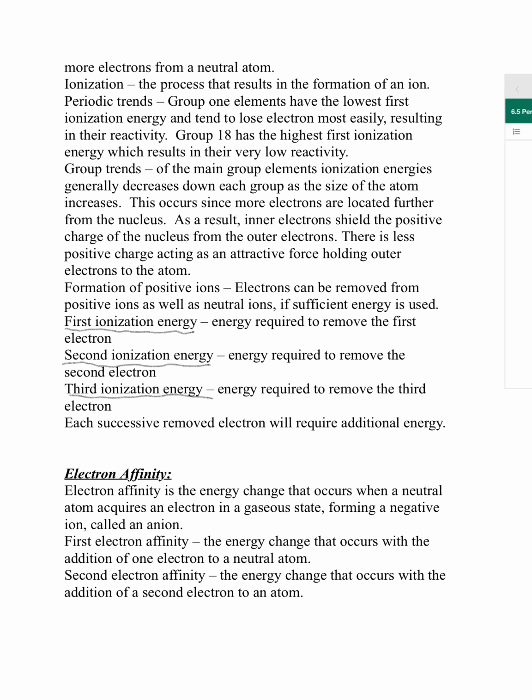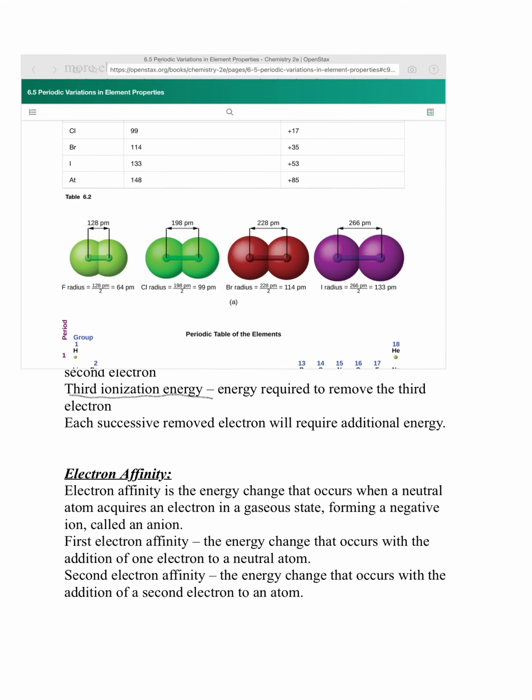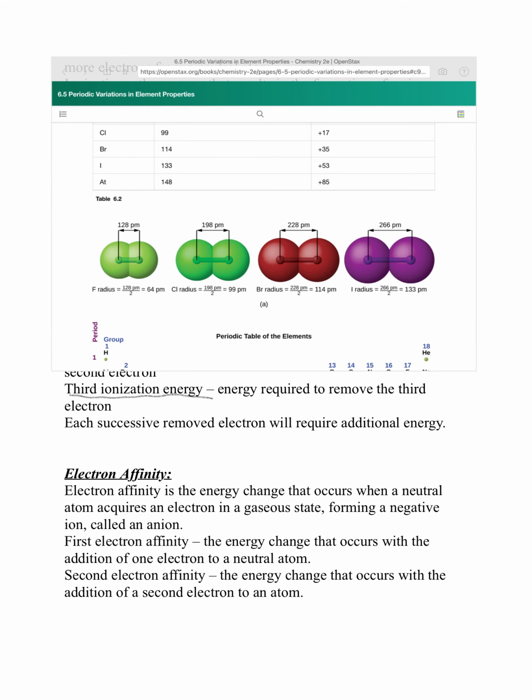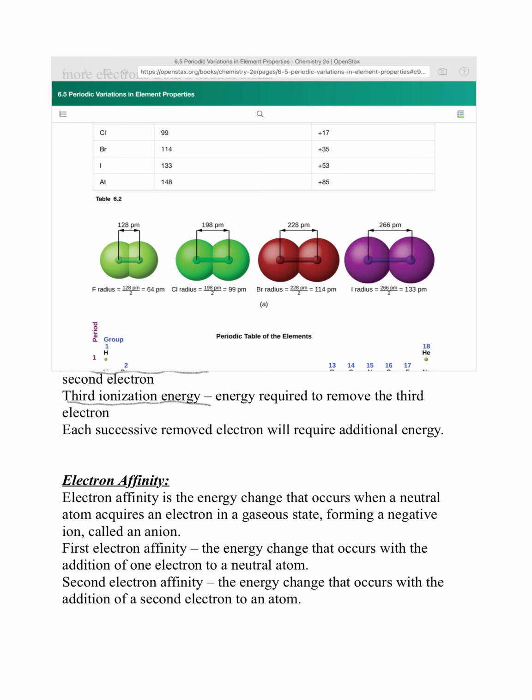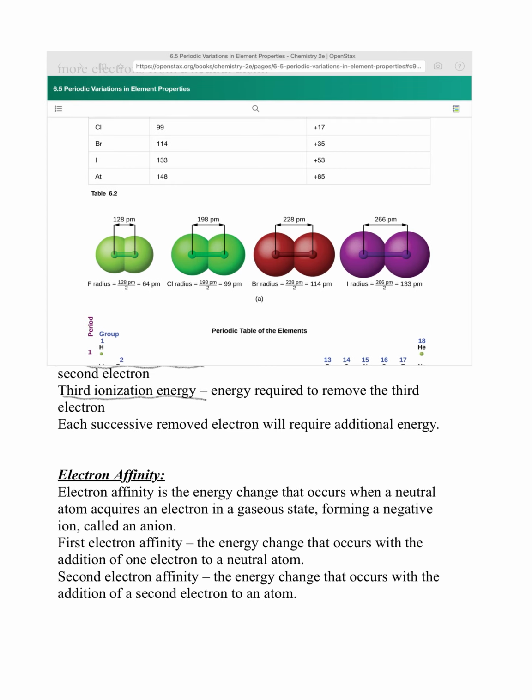So let's look at some of these terms that we've talked about so far. Previously we talked about the atomic radii. This is showing you the atomic radii, and so you have two atoms, and they're both the same element, and they're bonded together.